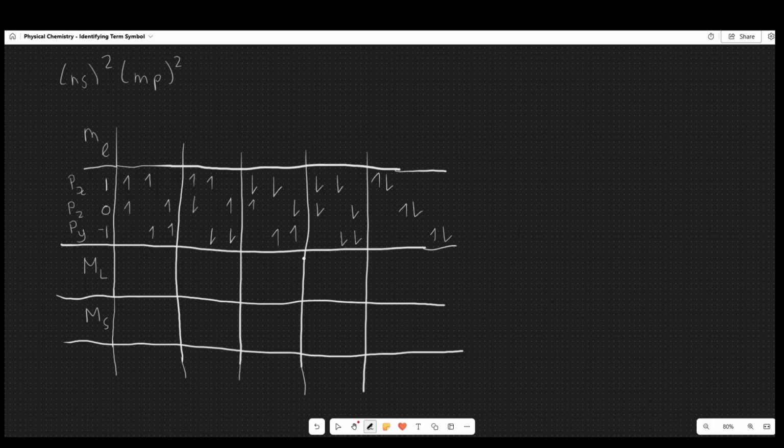What we'll do is first calculate capital M sub L. You can think of it as multiplying the number of electrons in this subshell times its m sub l value. In this case, we have 1 electron here, as opposed to 2. So 1 times 1, plus 1 times 0, which is 1.